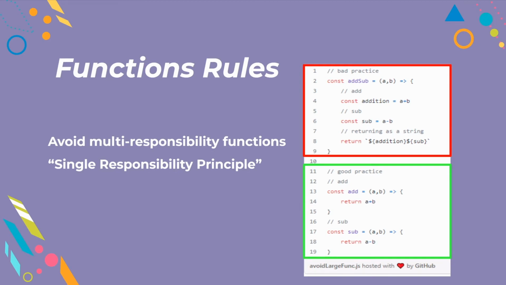For example, you can see on the right, you don't want to have one function that does addition and subtraction. You should probably separate those into 2, one that does addition and one that does subtraction. This is obviously a trivial example, but even with something more complicated, you can have functions within functions in a way that is separated, so it's very clear what everything does and what every piece of code does.